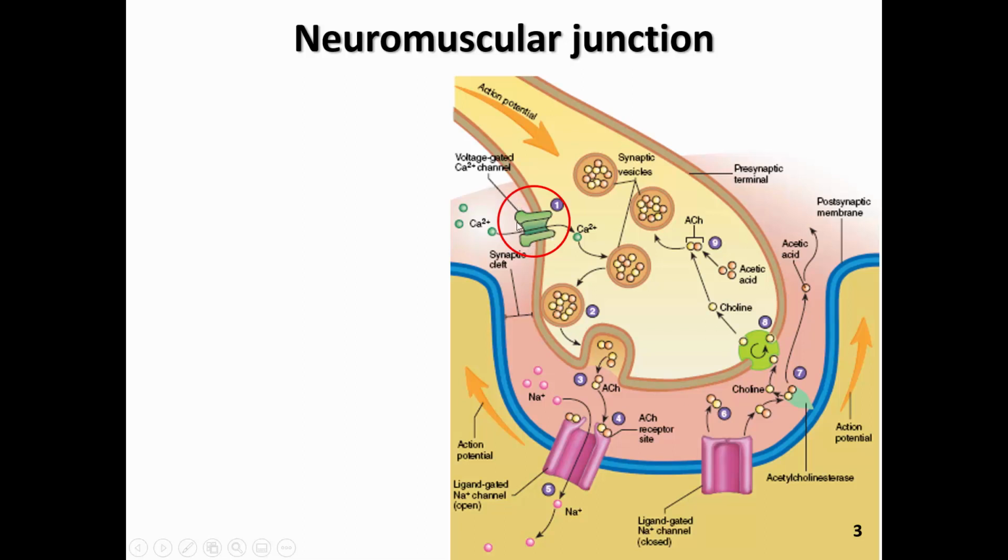channels will change shape slightly, and when doing so, will allow calcium, which exists in higher concentrations in the extracellular medium, and because of the higher concentration, calcium will flow downhill and into the cytosol of the terminal axon.